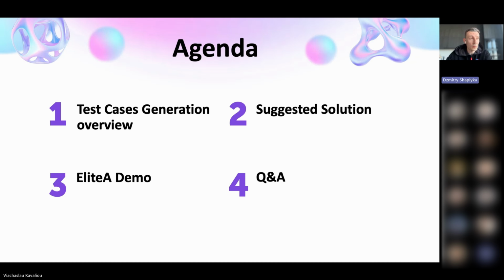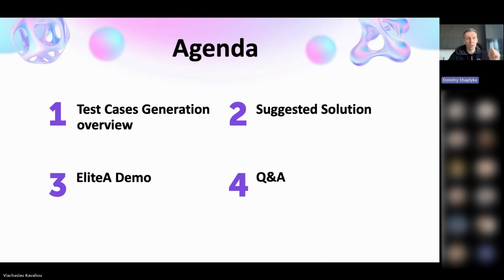First, today we'd like to approach test cases generation, a pretty classical use case in the software testing world, but from a bit different angle, where we would like to minimize the use of LLMs, trying to deal with some big context, and share some EliteA features.